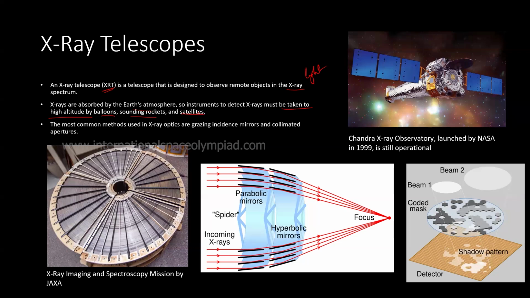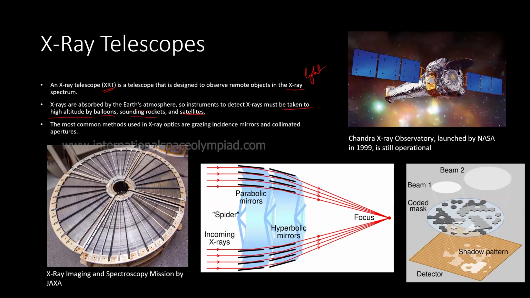Sounding rockets, if you know them, are some tiny rockets, not as big as usual launch vehicles. They are small rockets which can be launched to go above the atmosphere, so that from there as well we can observe in X-ray.